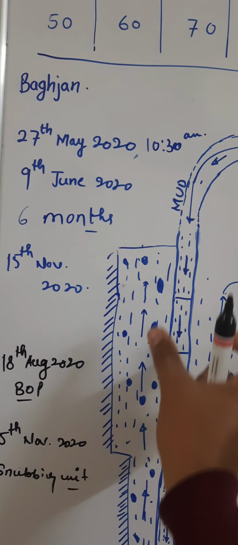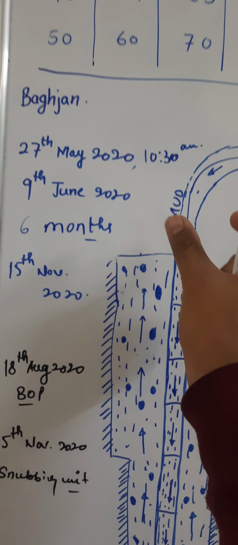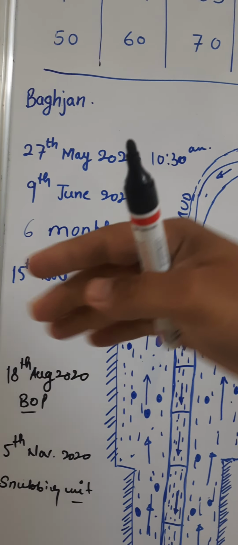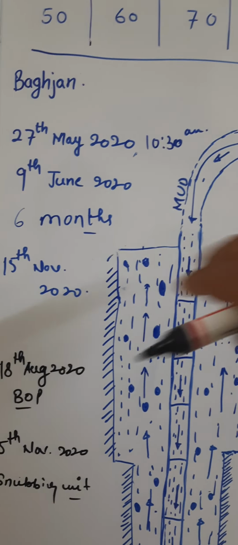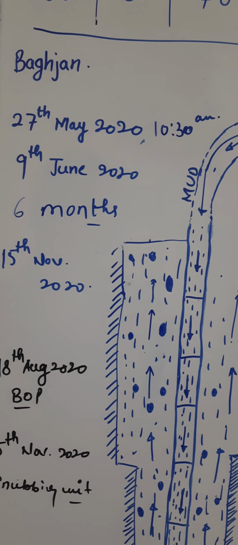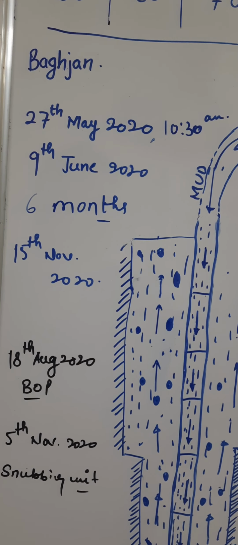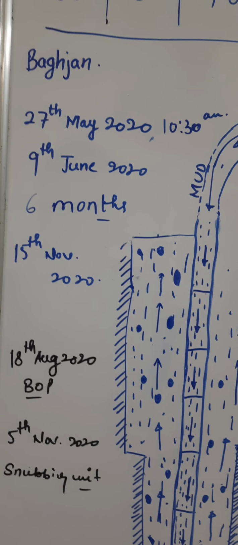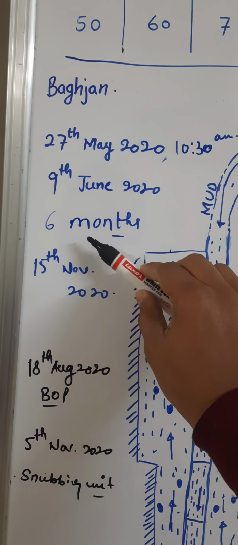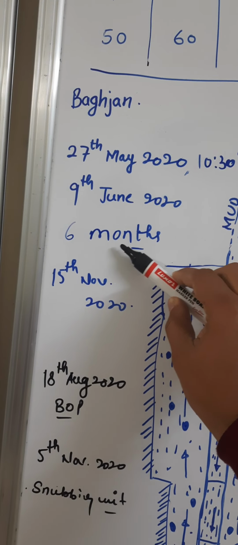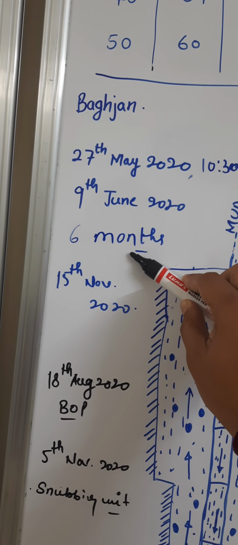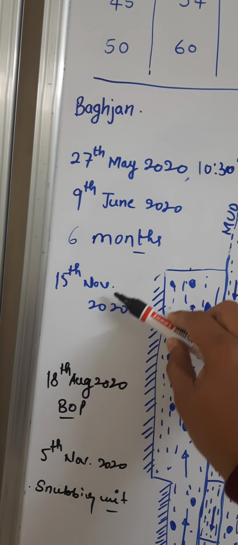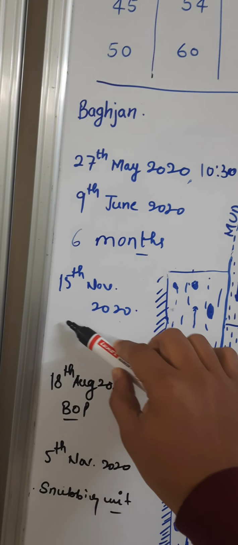Now the gas was coming from the well and there was fire at the top, so it was burning all around, damaging the environment, the people, the equipment, and everything around it. It took us around 6 months to control this blowout. On 15th November 2020, we controlled this successfully.